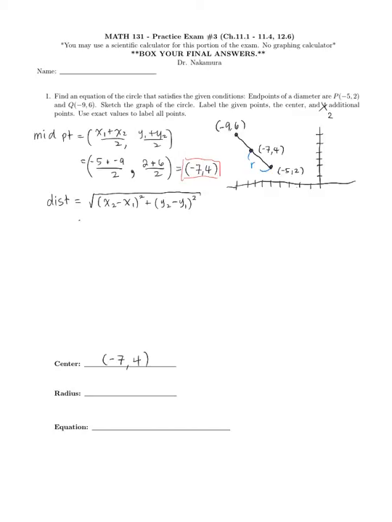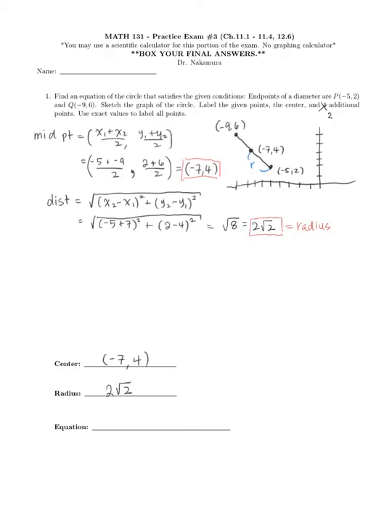Okay, so I'm just going to plug in these values. So here you're going to have negative 5 plus 7 squared plus 2 minus 4 squared, whole thing square rooted. So what do we get? 2 squared plus negative 2 whole quantity squared. So it looks like we're going to have square root of 8, which is 2 root 2. Okay, so we got the distance from the center to negative 5, 2 is 2 root 2. So our radius is going to be that value. So let me just write it out on the answer box.